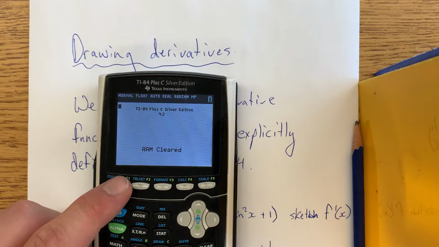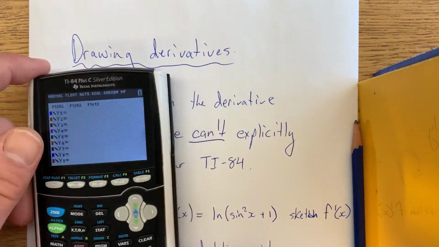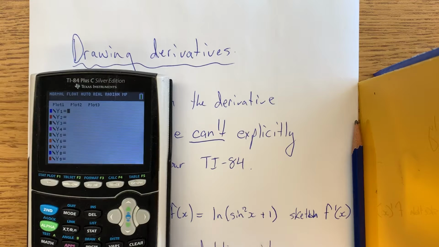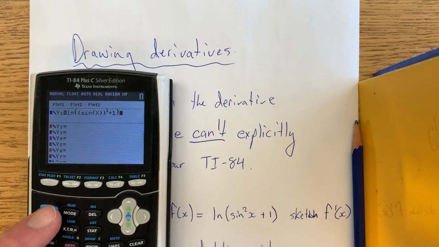And I'm going to go to y equals, and I'm going to type in ln of sine squared. Remember, with trig functions, you have to actually put them in brackets and then square them afterwards. Plus 1. There we go. So I've got the ln of sine squared x plus 1.